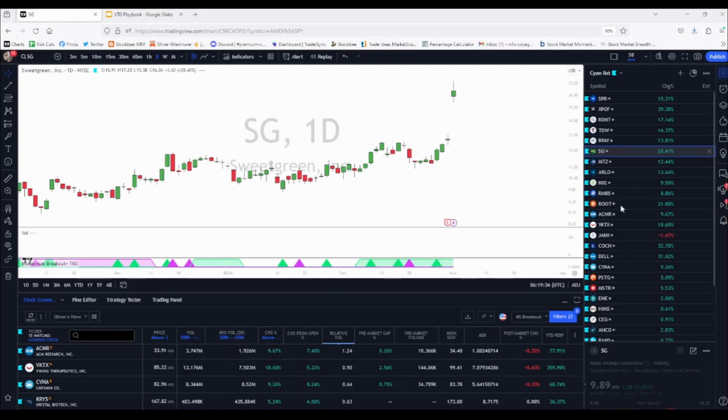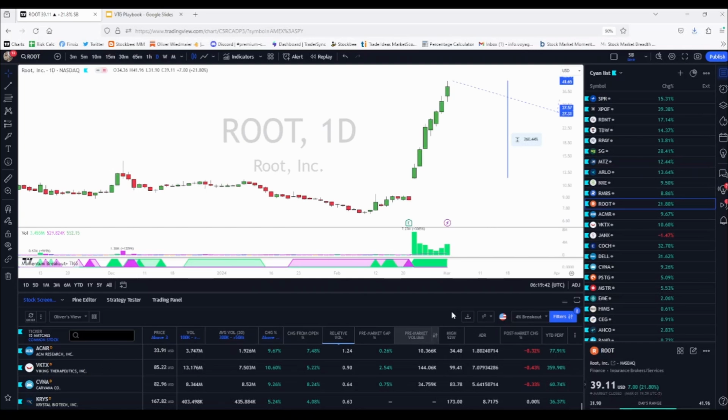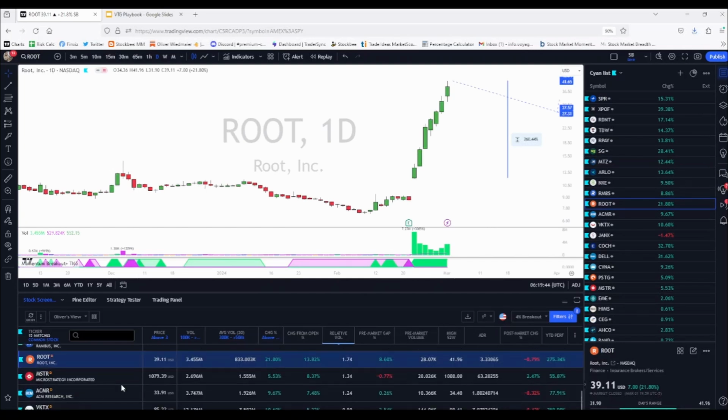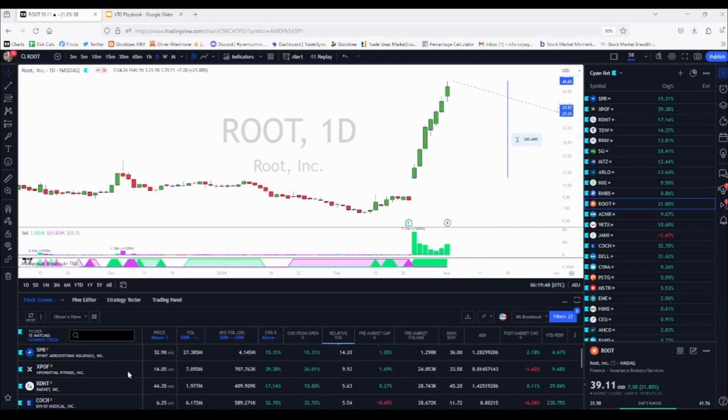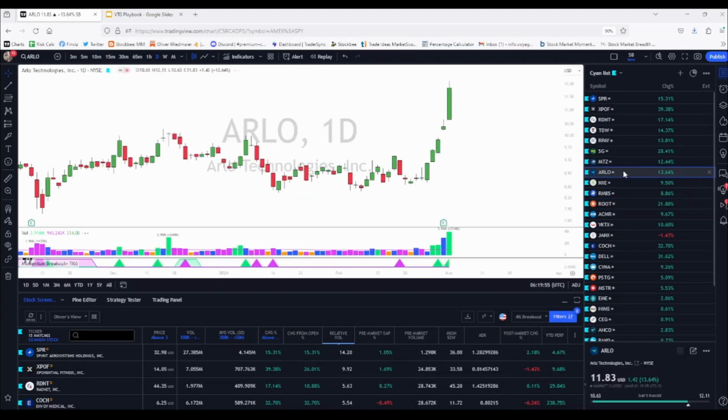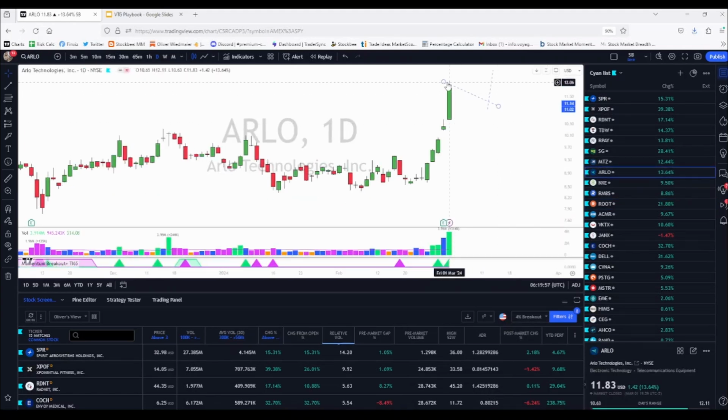In that case, if we see, for example, Root on here, we know we're not buying it because it's already extended. We're just looking for the stocks that meet the 4% breakout that are either coming off of an ignite candle or have already pulled back and are now making that 4% breakout, and that would trigger the entry.